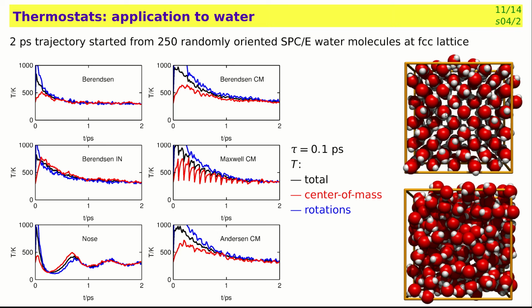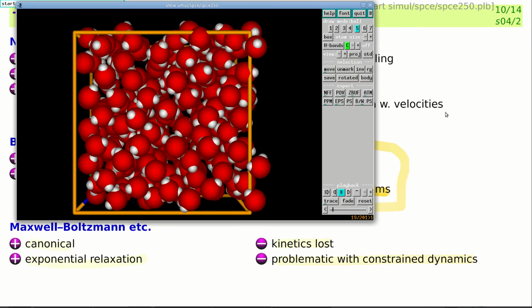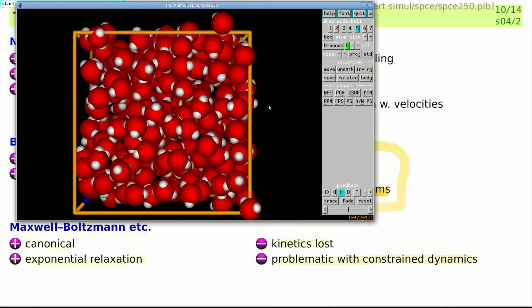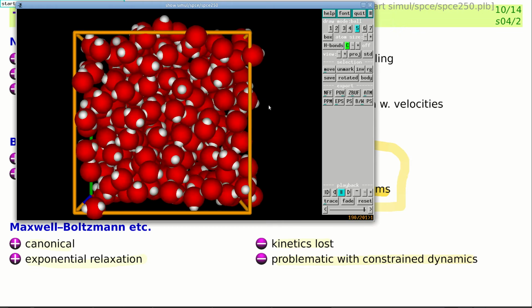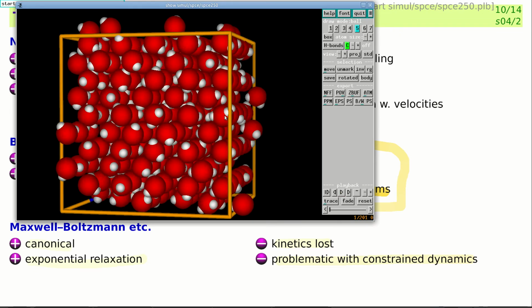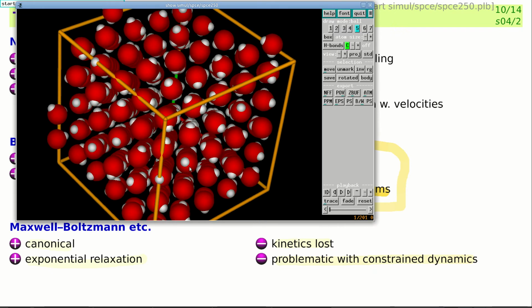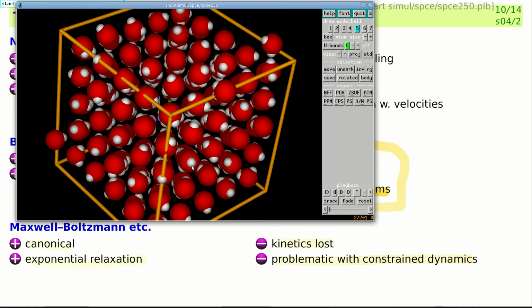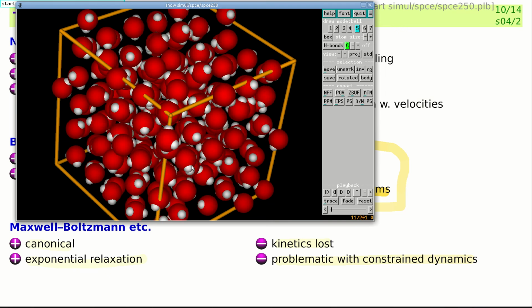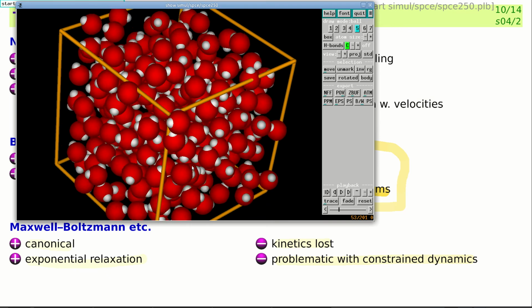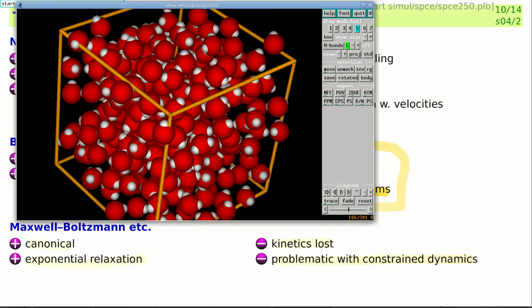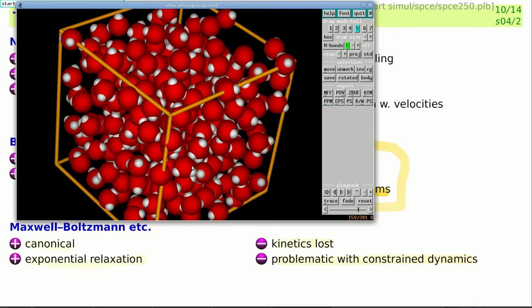There are randomly oriented molecules, and I have shifted it a bit here. So I return back. Here is how it looks. This is the start. It is regular, and during the simulation, in steps of 10 femtoseconds, five times, we can see how the simulation looks.